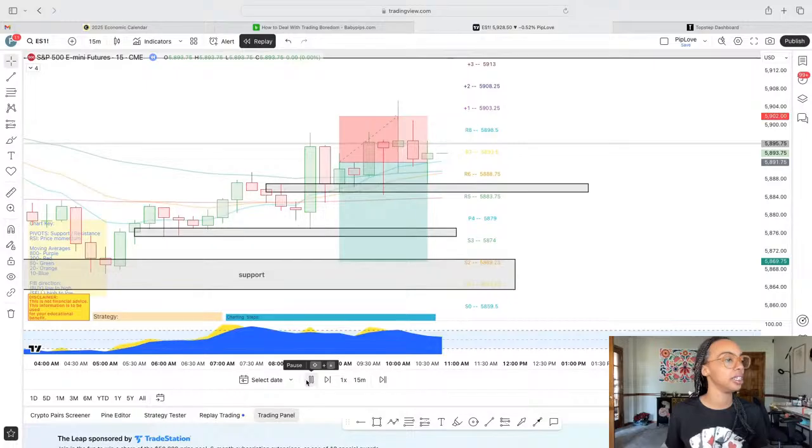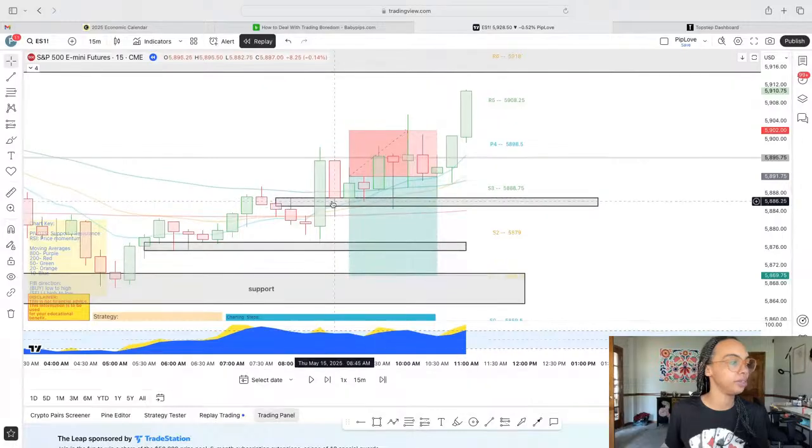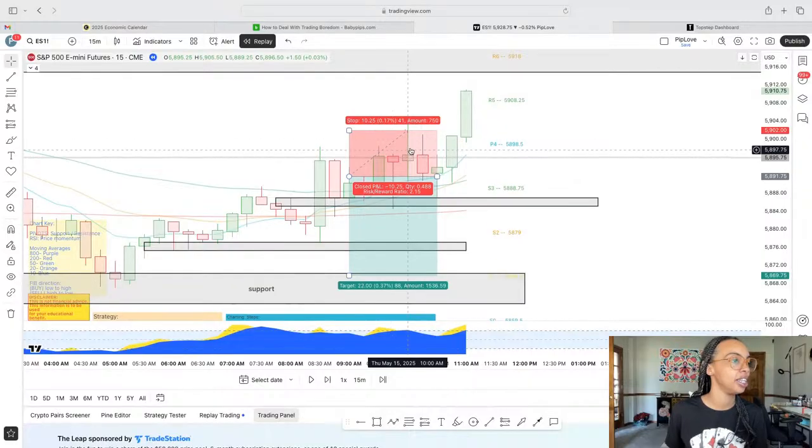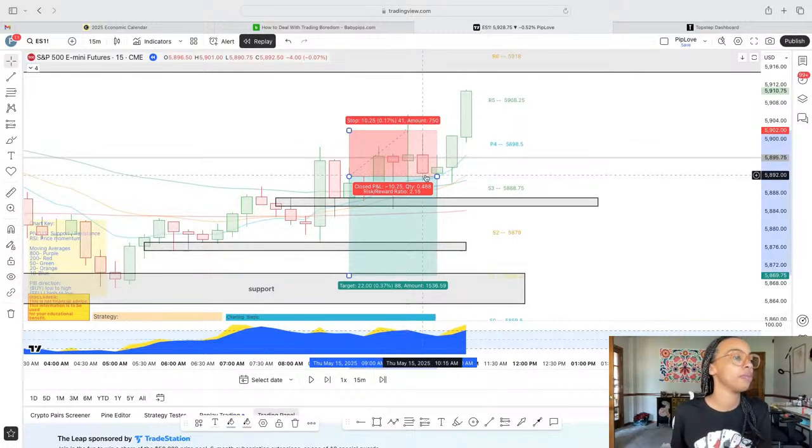Okay, selling candle. All right, and now this is when price kind of came back in here. We could see that price started forming some support, so still making higher highs. This wick came up here. If you weren't already in this trade or secured your profits, you would have been out 10 points.